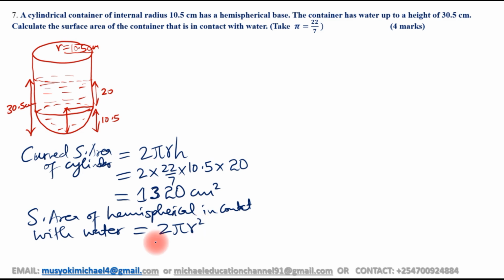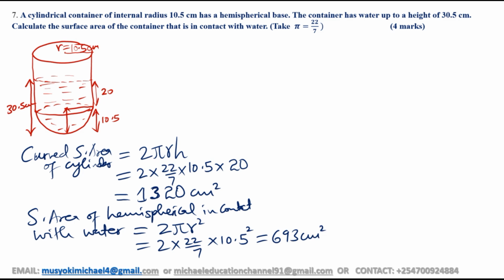So we shall get 2 times 22/7 times the radius 10.5 squared. If you work it using a calculator, we get 693 centimeters squared.